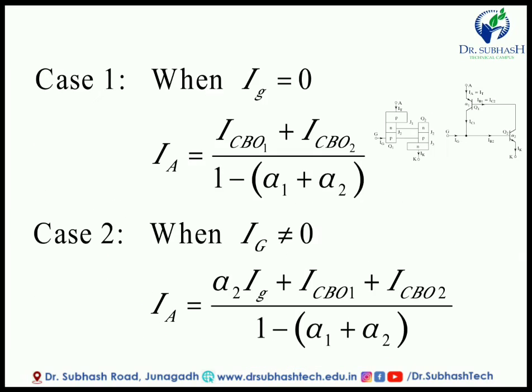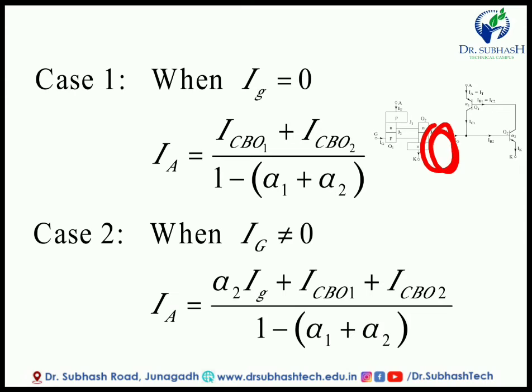Now let's take case 1 and case 2. Case 1 is whenever the gate terminal is open. If the gate terminal is open, there is no gate current, meaning we have not given any triggering to the SCR. Then IG is equal to 0.